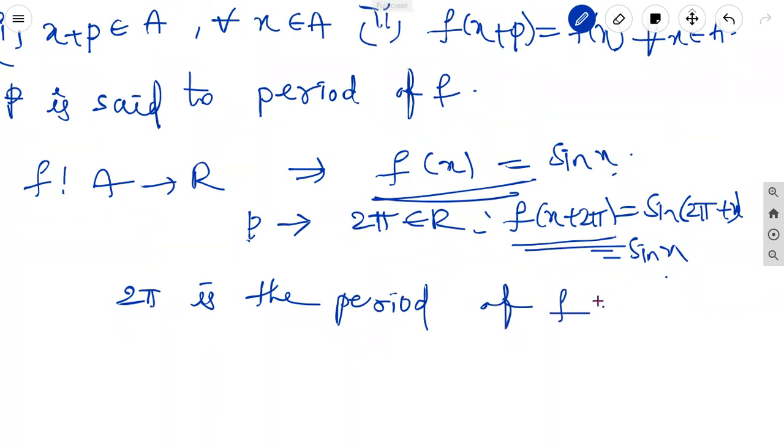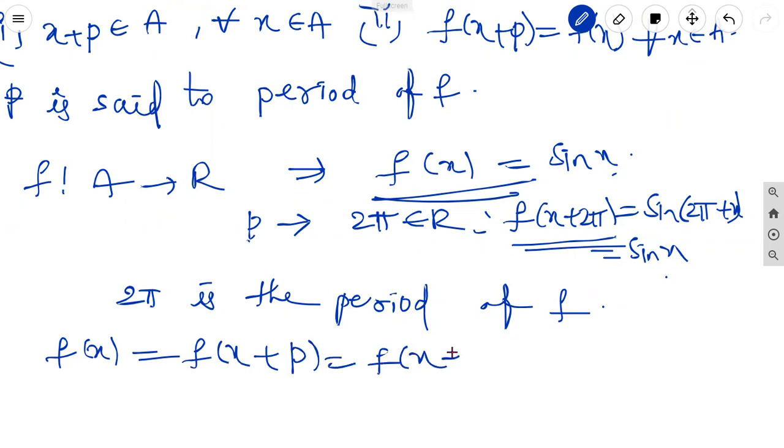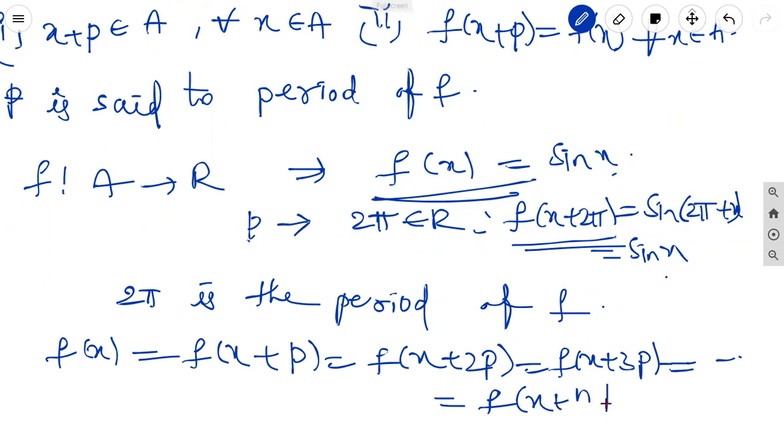In the same way, if p is the period of f, then the functions are equal: f of x equal to f of x plus p equal to f of x plus 2p equal to f of x plus 3p, and so on, equal to f of x plus np, and so on.